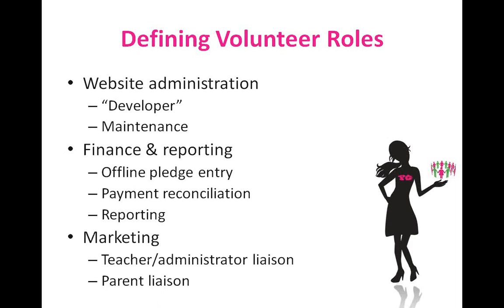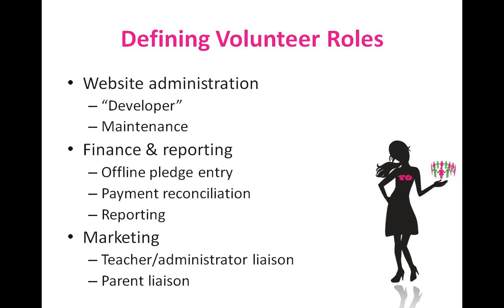So also, once you've got these, I'll call them backbone positions filled, you need marketers. You hopefully already have identified those for past events. But online fundraising is such a great tool, but if you haven't done it before, you really need to get in there and tell everybody the benefits of doing this online and get them excited.